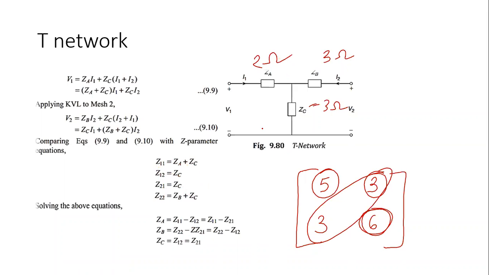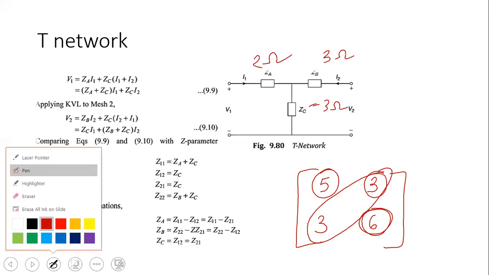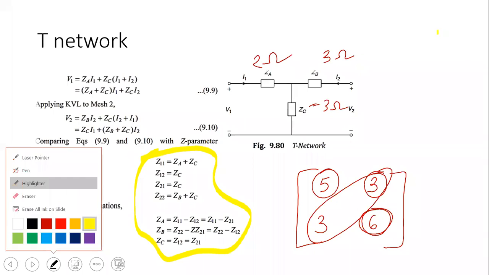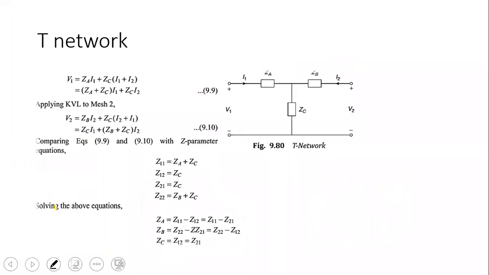Can you remember these two formulas at least for the exam? That is the formula that we have written here. If you can remember these two formulas, life becomes a little easier. In fact, you don't have to remember it. If you look at Z11, now just look at the diagram. What is Z11? It is ZA plus ZC. That means Z11, we look from here.